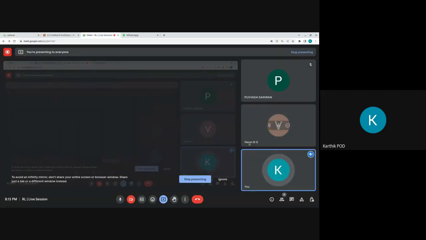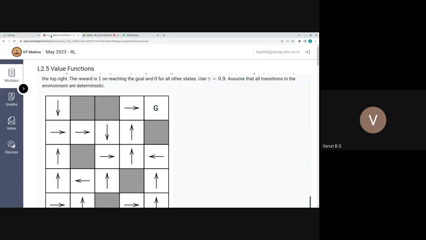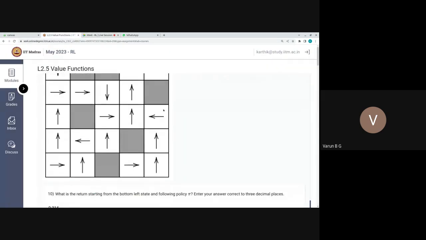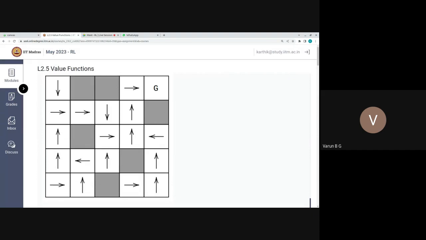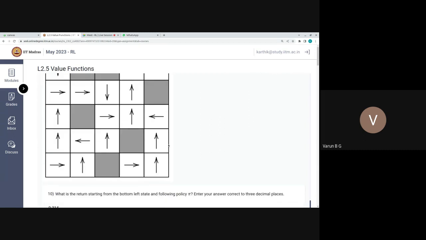Any other questions? Sir, in the last grid question, it is mentioned that the policy is deterministic, and because of that the value function we got was 0.0314. Since it is deterministic, whatever direction the arrow is marked, the agent will move in that direction.